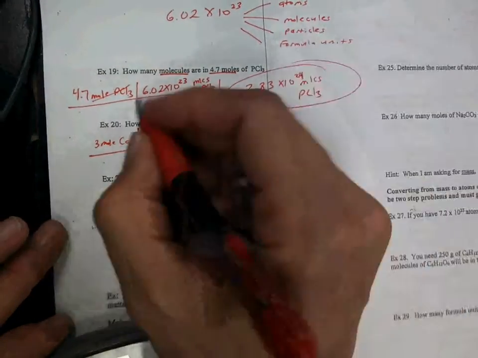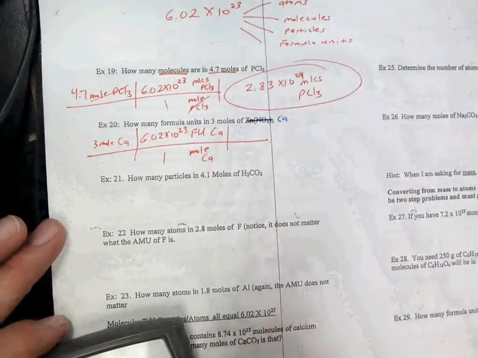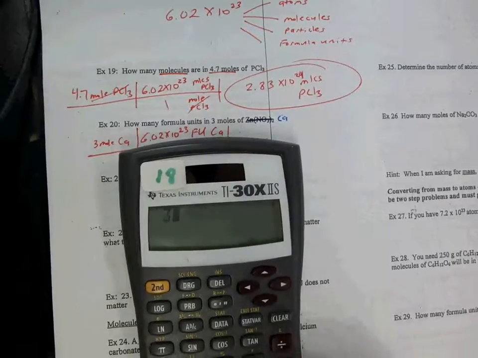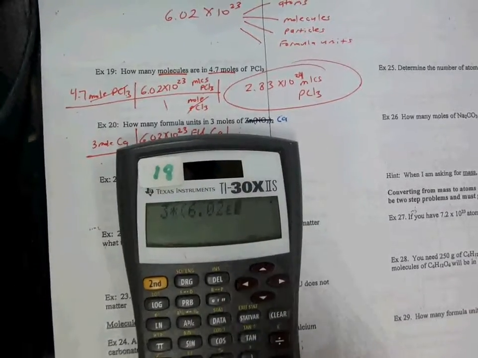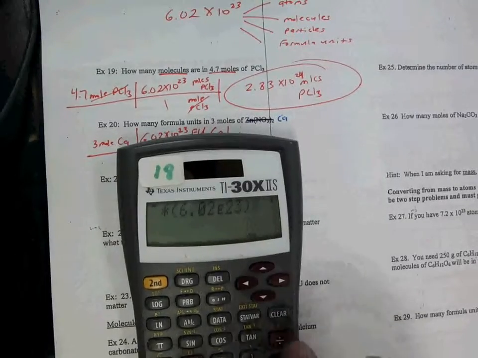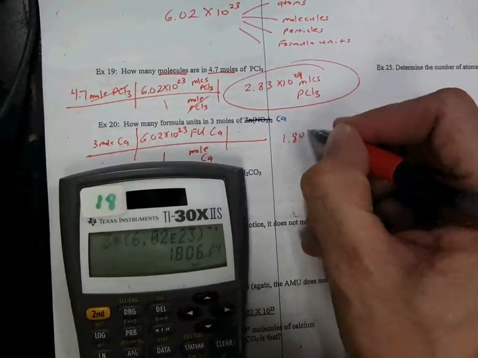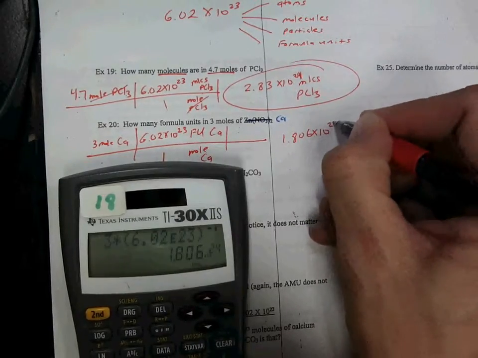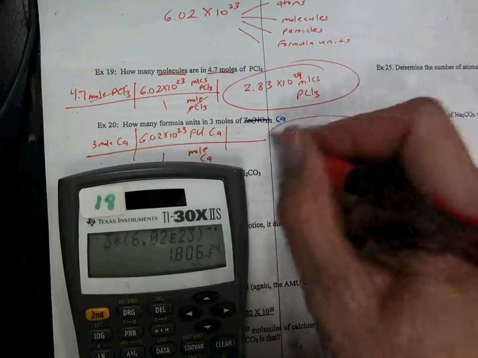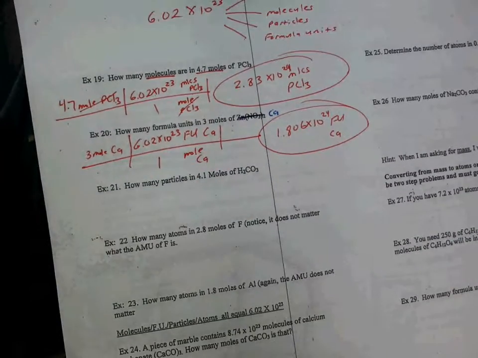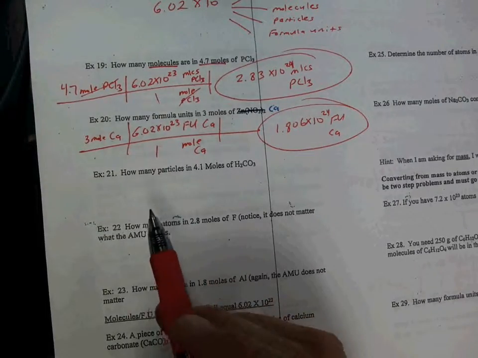Formula units is one of these 4, so I'm going to write this. And I'm going to calculate it. 3 times, open parentheses, 6.02, second E, 23, close, divided by 1 equals, there's my answer, 1.806 times 10 to the 24, and it's formula units of Ca. That one's done.